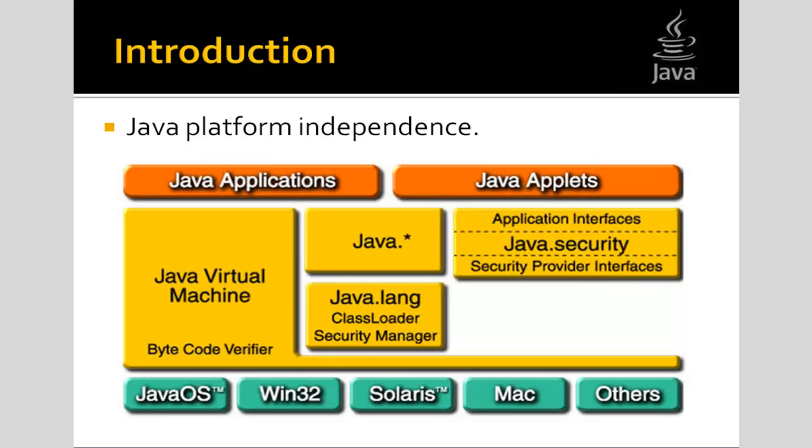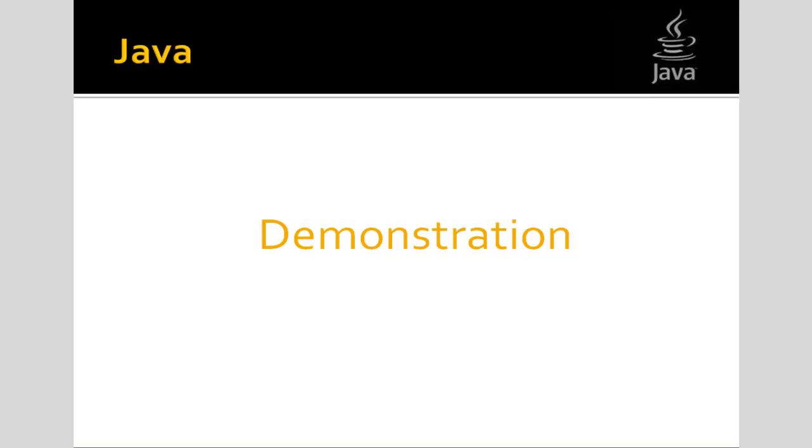And the virtual machine then takes responsibility for interpreting that Java code and generating the specific code necessary to execute our commands on that specific operating system and hardware. It's this platform independence that gives us the power in Java as developers to create applications that can be widely used without regard for the operating system or the hardware upon which it runs. So let's go take a look at our first bit of Java code.